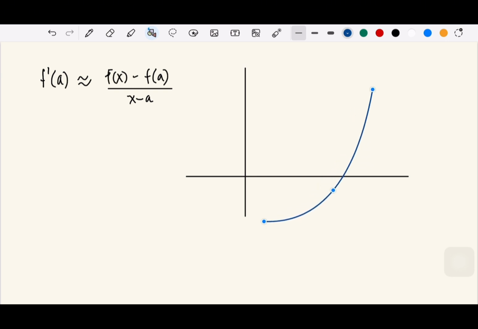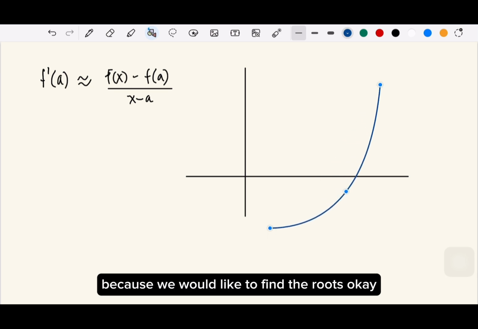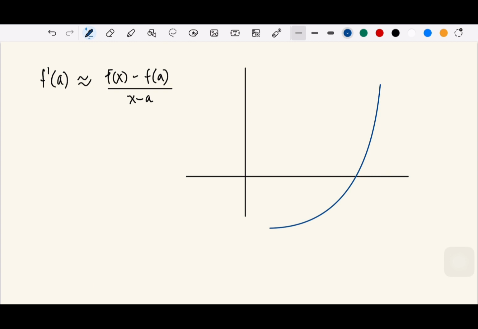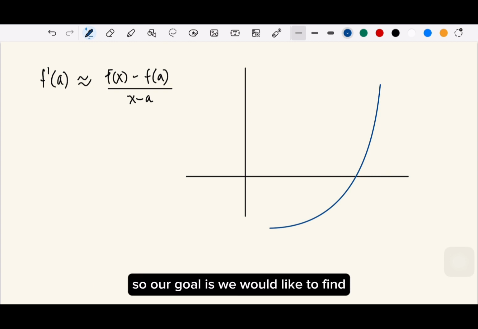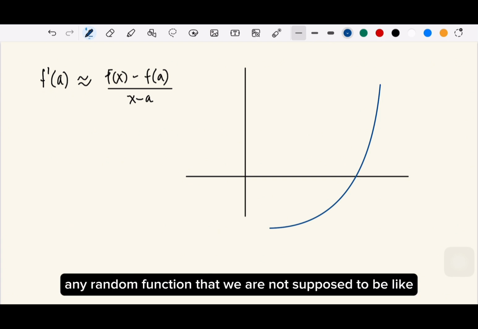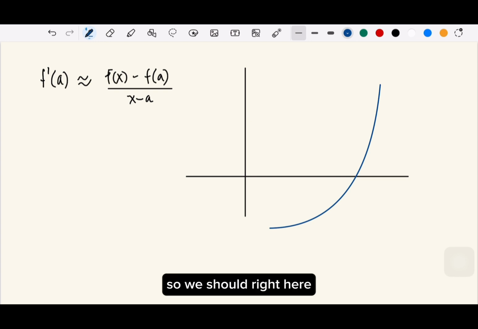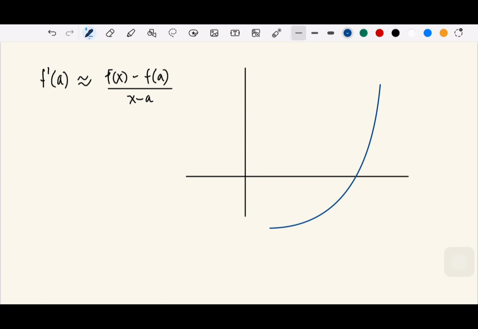And the curve needs to cross the x-axis because we would like to find the roots. So our goal is to find what x is crossing here. Of course, it could be any random function where we are not supposed to know directly what kind of roots we have. So let me write here our goal.